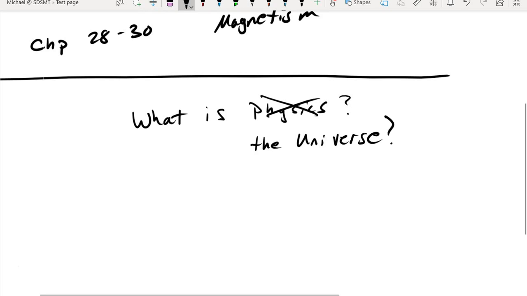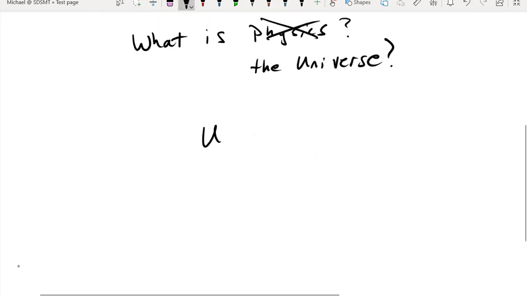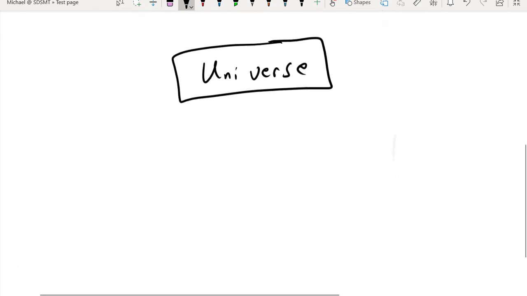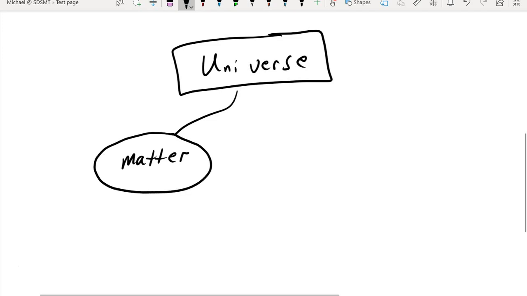That might sound even more complex, but the universe is really only going to be made up of two things. Those two things, arguably, are going to be matter. And yes, I realize that there's regular matter, there's antimatter, dark matter, but we're going to go ahead and squeeze all of that into this one category.